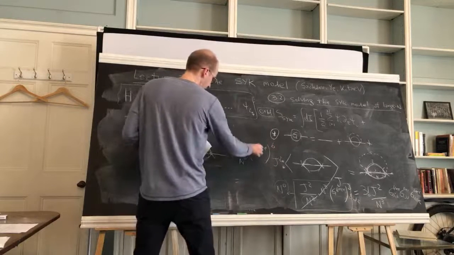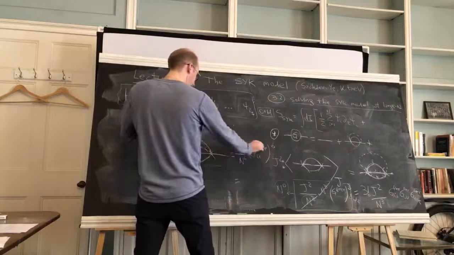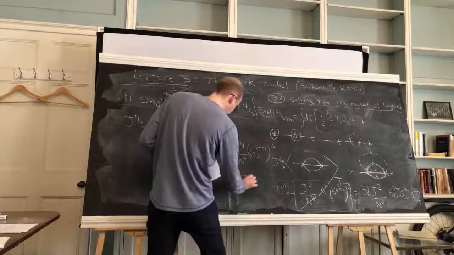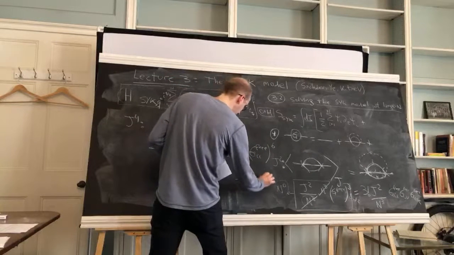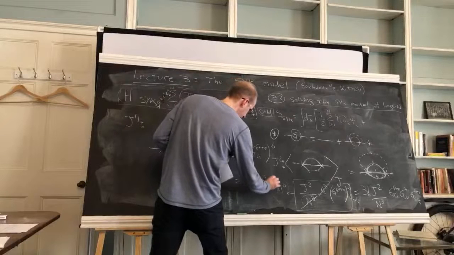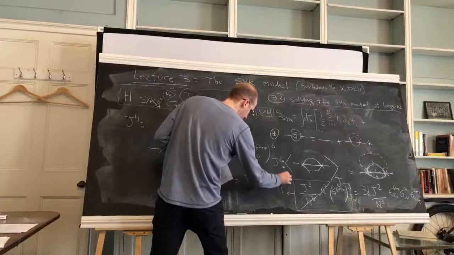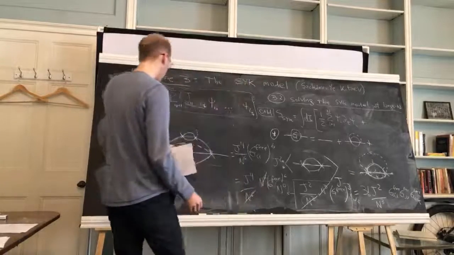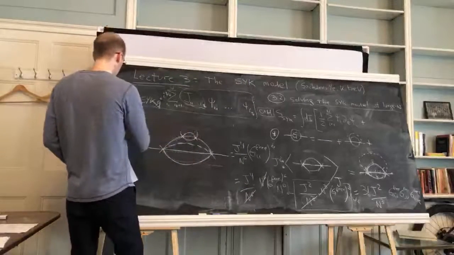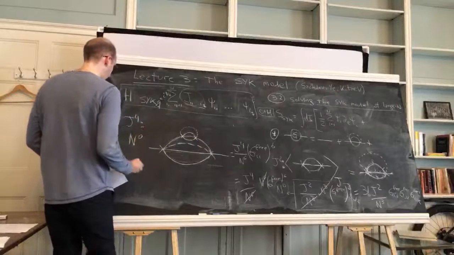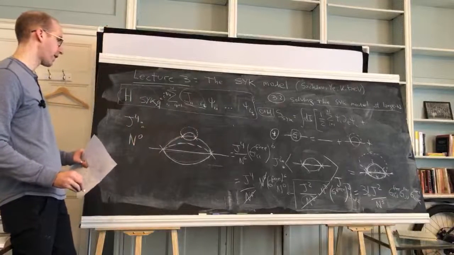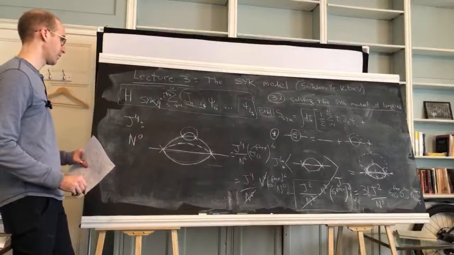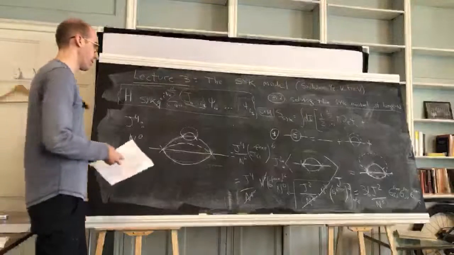Again I'm summing over n, so I will have n of these. So I will write J to the 4th, G free to the 6th, and here I have n to the 6th. And so this is a J to the 4th, n to the 0th power diagram. So it will contribute in the large n limit.